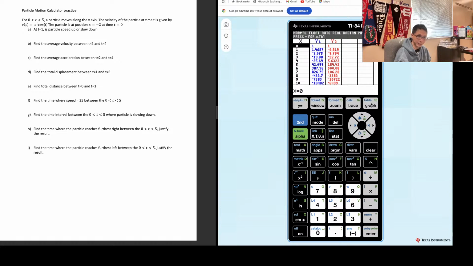A of 1 is equal to -0.819, and since A of 1 is less than 0 and v of 1 is greater than 0, the particle is slowing down.